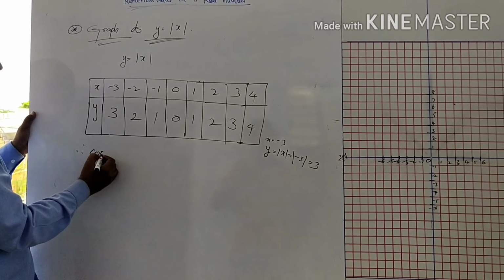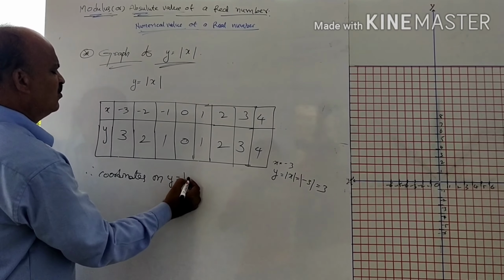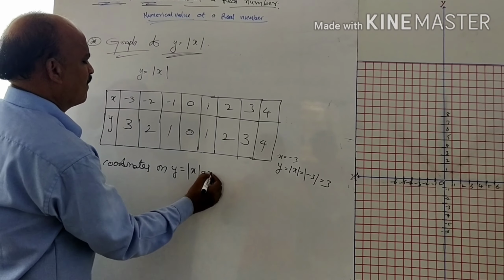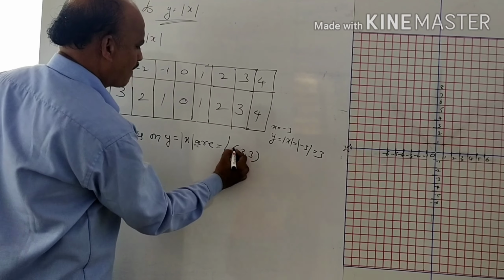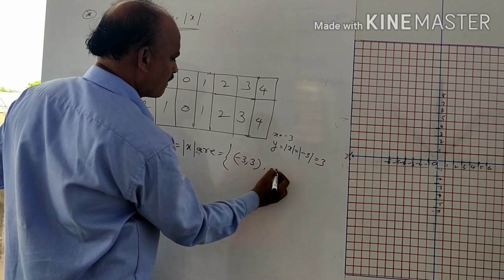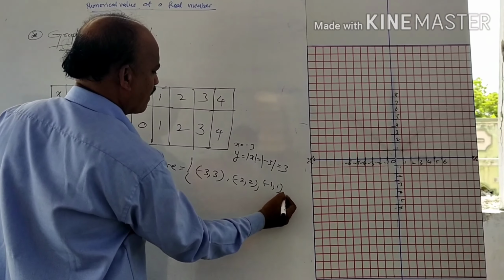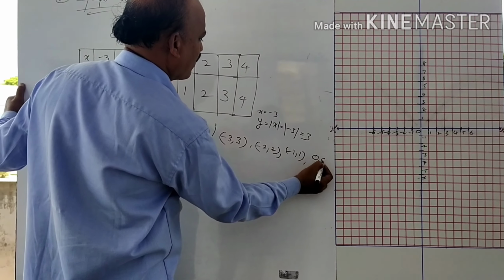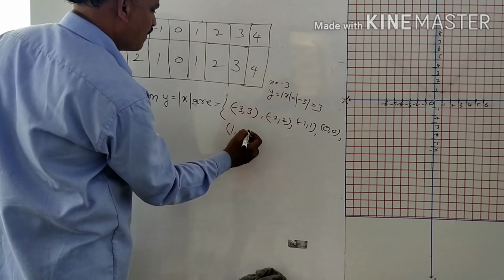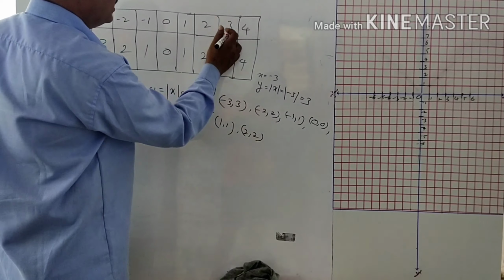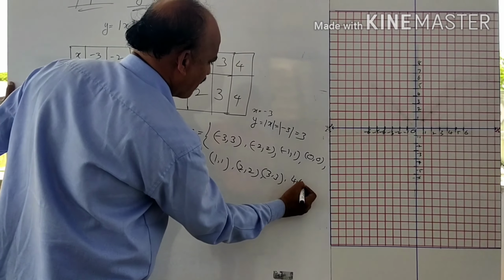Therefore, coordinates on y equal to modulus x are minus 3, 3; minus 2, 2; minus 1, 1; 0, 0; 1, 1; 2, 2; 3, 3; 4, 4; and so on.